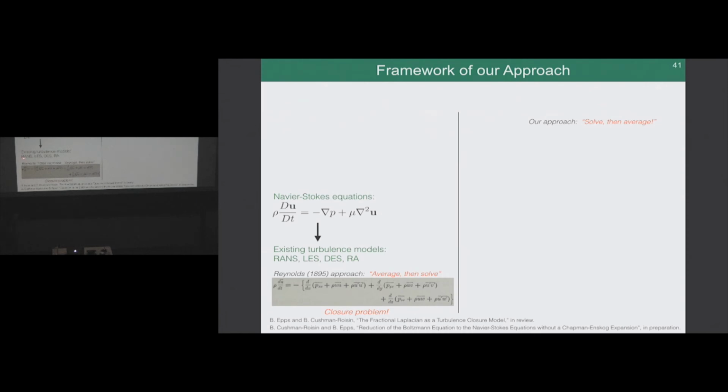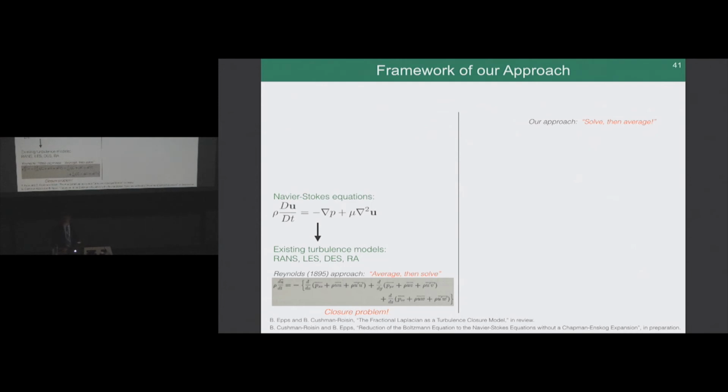This Reynolds-averaged Navier-Stokes, which we talked about in class today, is where we start with the Navier-Stokes equations, do something to it, and end up with an averaged-out equation. Reynolds's strategy was to average the equation and then try to solve it. That doesn't work because you end up getting terms in the equation which you have no extra equations to solve for. You have this closure problem where you have more unknowns than you have equations.